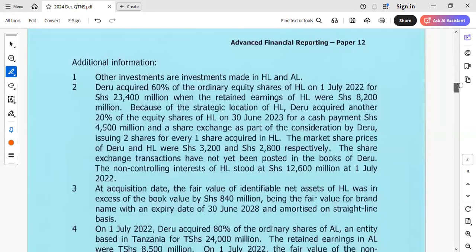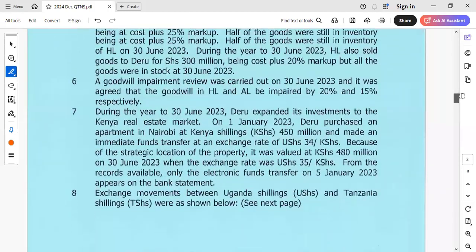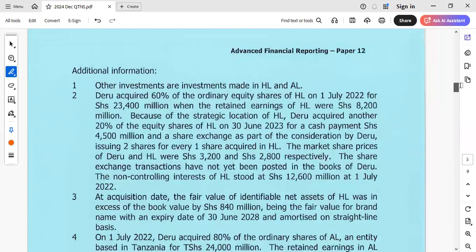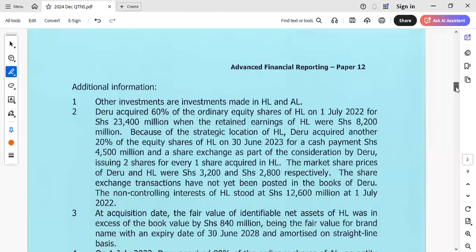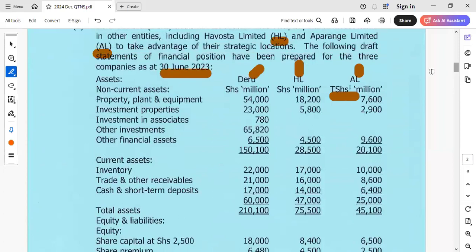Okay, you have additional information. Now, in the first few minutes, you need to immediately know what the group structure is. What are you going to consolidate? Are you going to consolidate all the entities or not?